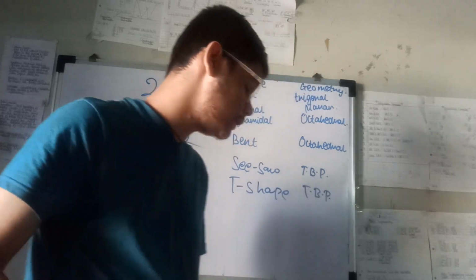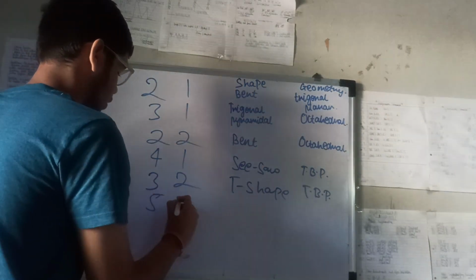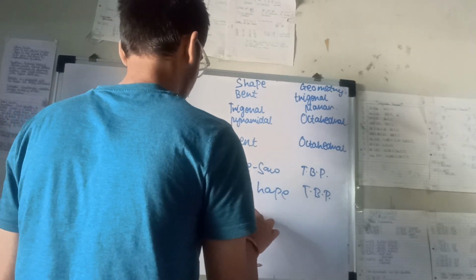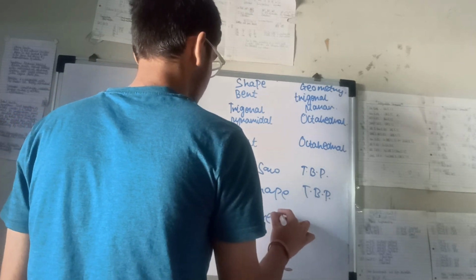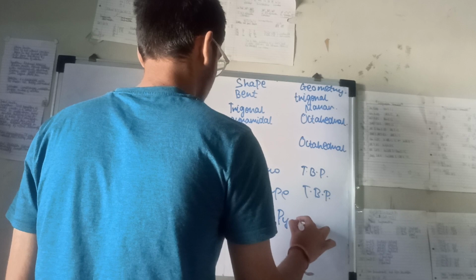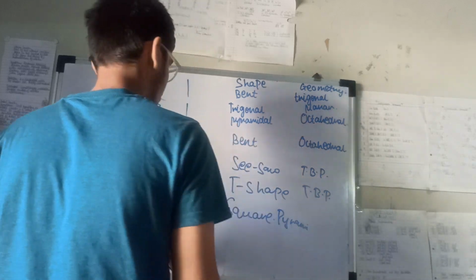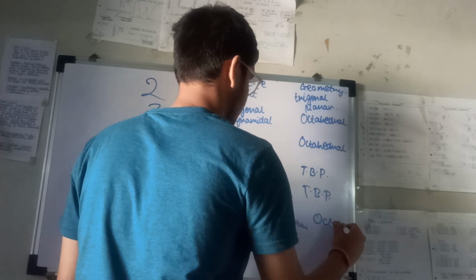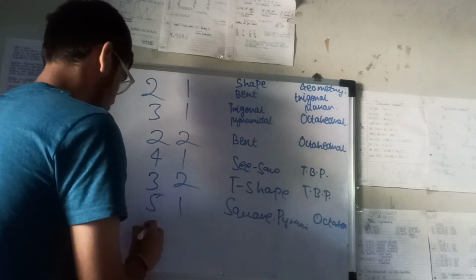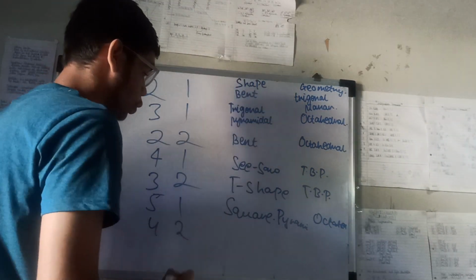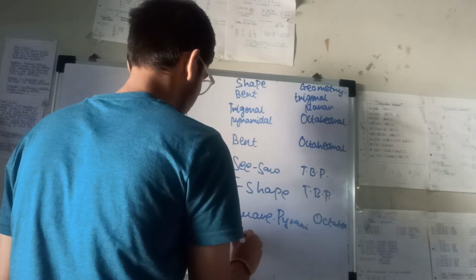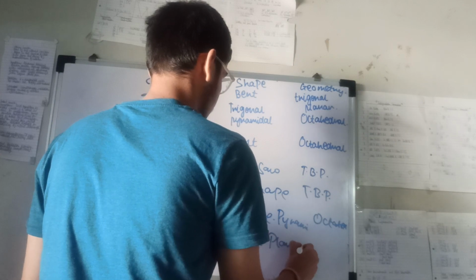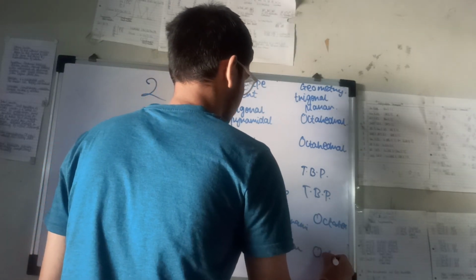And if there is 5-1, square pyramidal, but geometry again octahedral, the same. 5 + 1 = 6, Z = 6, octahedral. If 4-2, square planar, but geometry again octahedral.